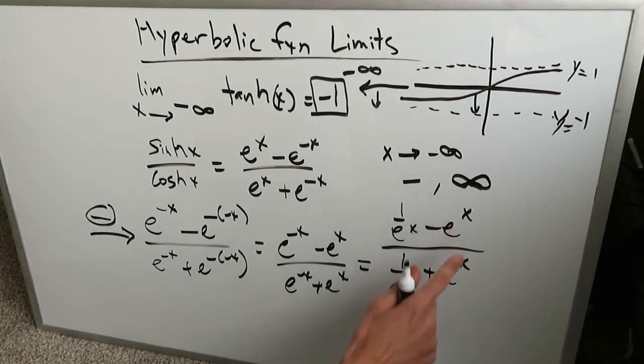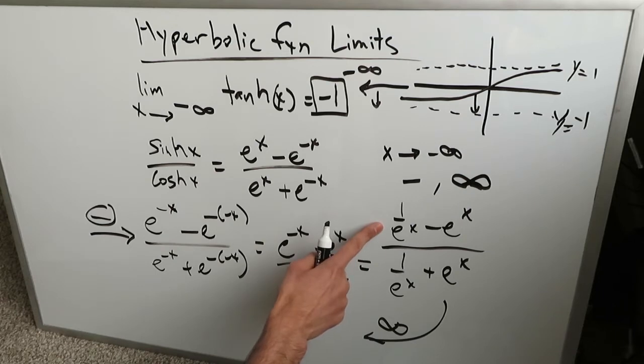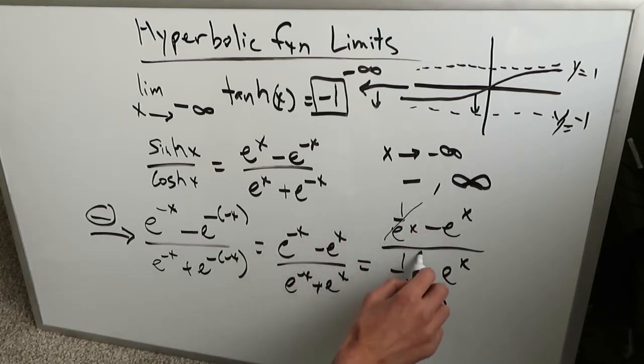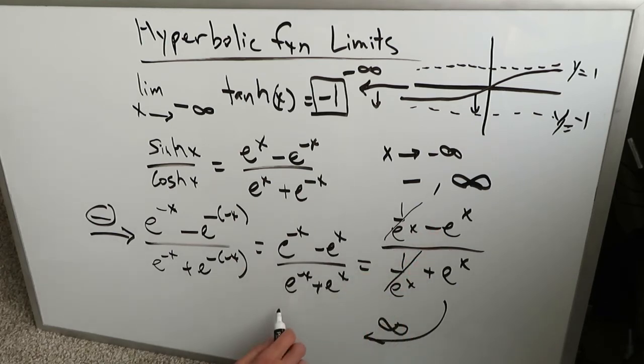Now, from this form, if you apply the infinity component, you know what's going to happen. When you apply the infinity component, these 1 over e to the infinities will zero out, because they'll become increasingly close to 0 that you can zero them out. You essentially just end up having minus e^x divided by e^x, which are like terms with a minus on the top. When you cancel these out, you get a minus 1, and you're done.